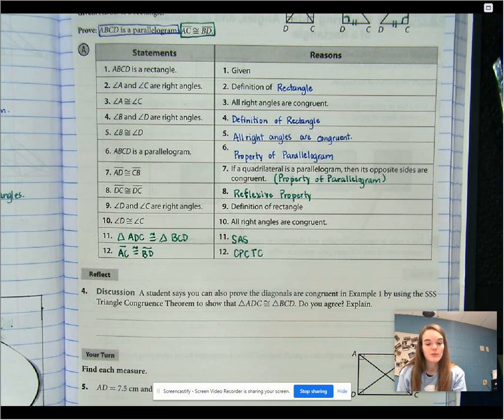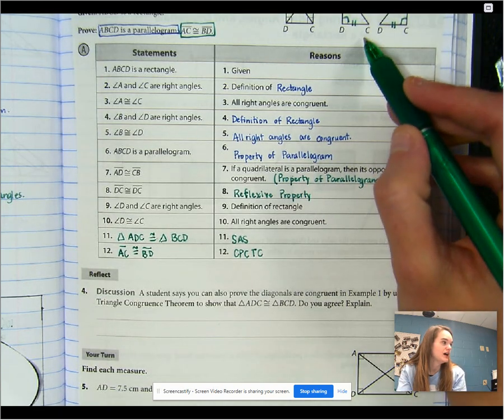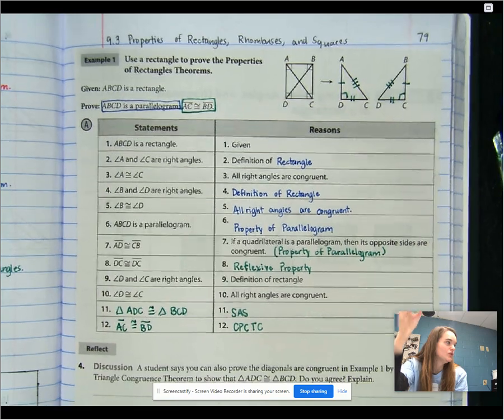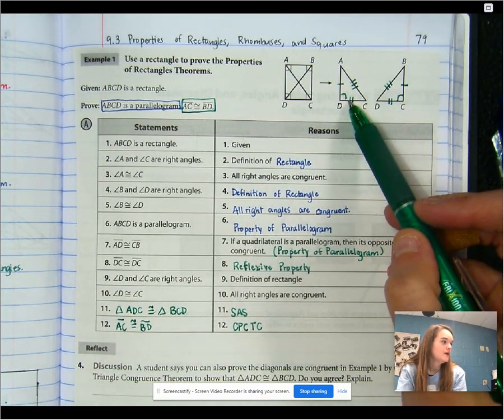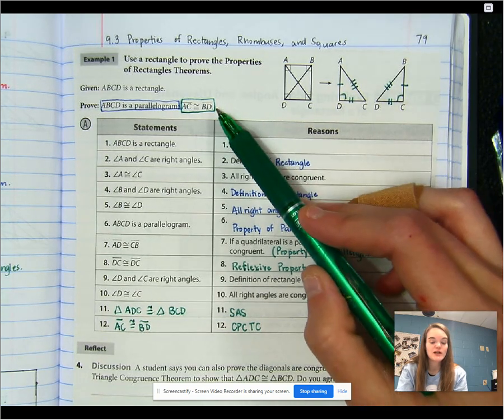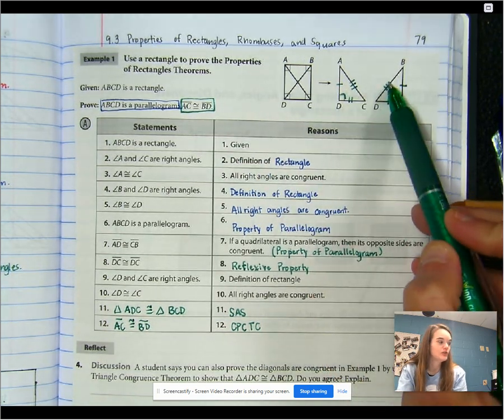Okay, here's what we need to think about. We used side, angle, side. Is it possible to use side, side, side instead? Now, currently in this triangle, we have 3 sides. The problem with the student's logic, though, is that we were trying to prove that the third side was congruent. So we can't use that to prove that.